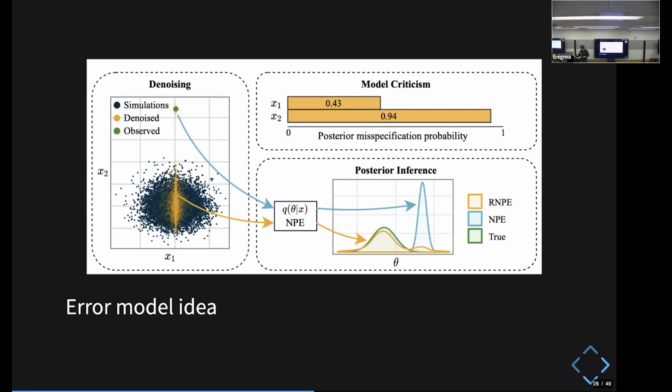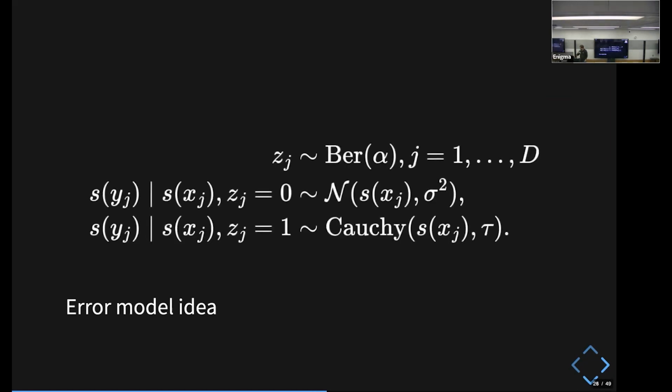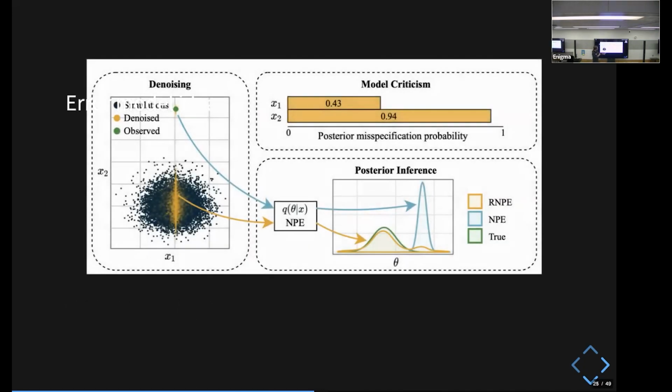So the question is, how can you do that in practice? And we did a very nice little model. Just an important side note, I didn't explain the last part here. It's not only an effect on the model criticism part, it also fixes problems of very badly estimated posteriors.